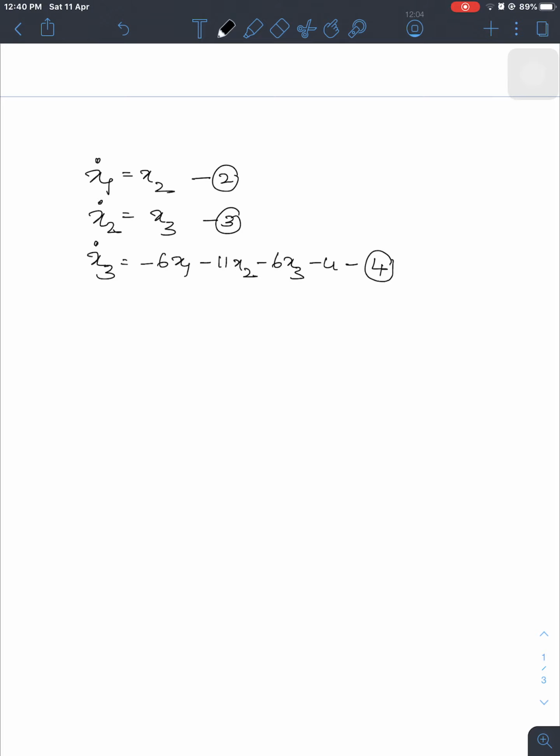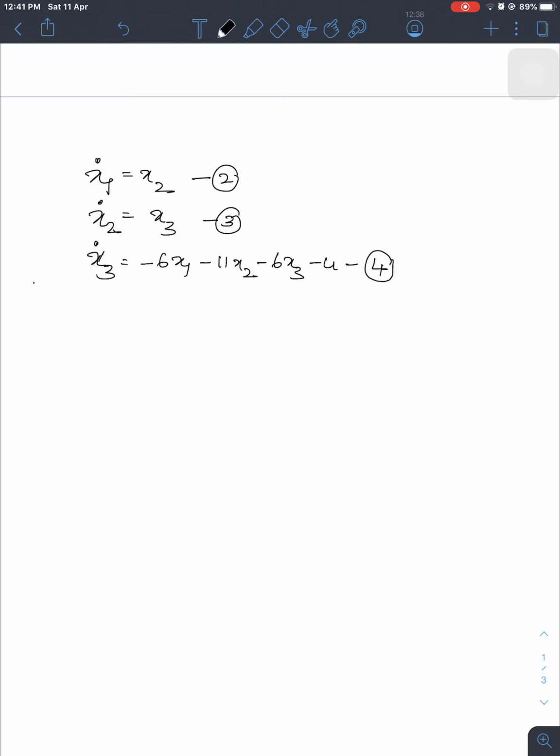That is what is needed for us. x1 dot is the derivative of the first state variable, which is equal to x2, a state variable. x2 dot is the derivative of the second state variable, equal to the state variable x3. x3 dot is the first derivative of x3, equal to minus 6x1 minus 11x2 minus 6x3 minus u, which is a linear combination of the state variables and the input variable.